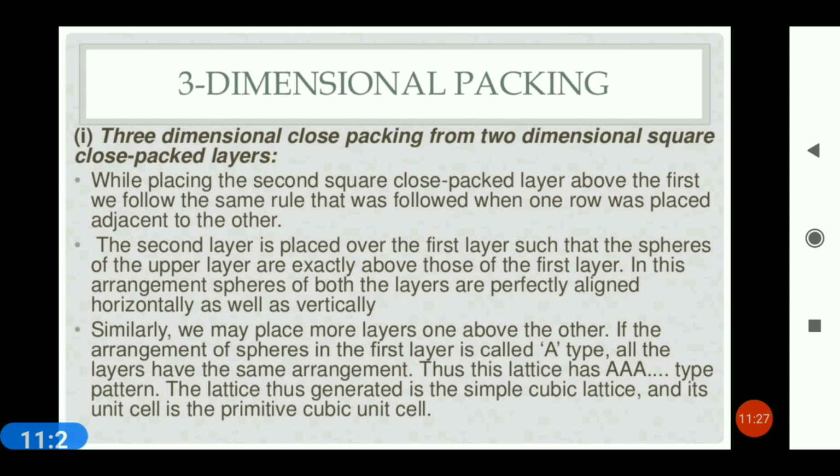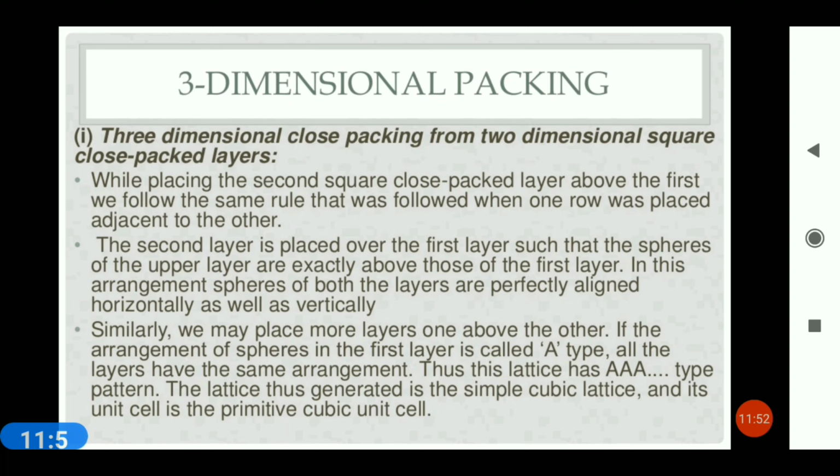Three-dimensional packing. Three-dimensional close packing from the two-dimensional square close packing and from the two-dimensional hexagonal close packing. While placing the second square close packed layer above the first, we follow the same rule that was followed when one row was placed adjacent to the other.